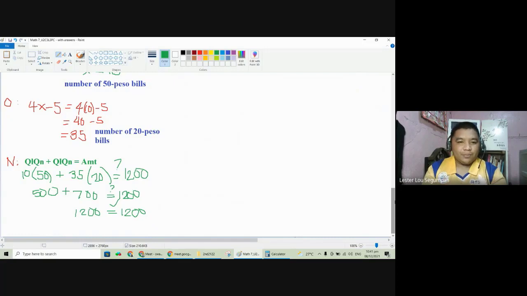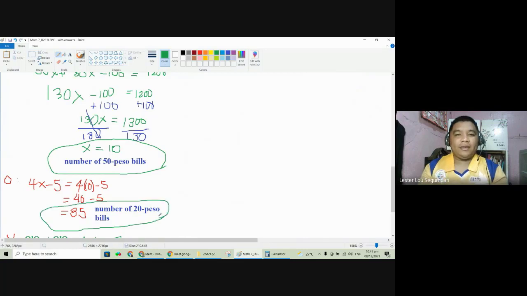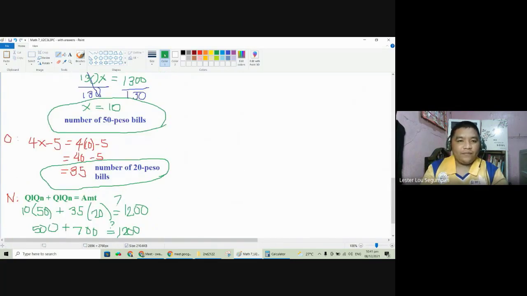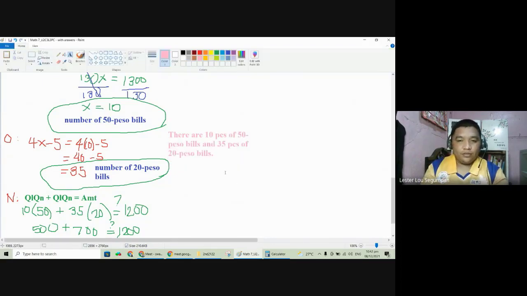This now is the proof that the number of 50 peso bills is correctly assumed to be 10 pieces, and the number of 20 peso bills is 35. So the final result in statement form: there are 10 pieces of 50 peso bills and 35 pieces of 20 peso bills. This is now the endpoint of item number 2.